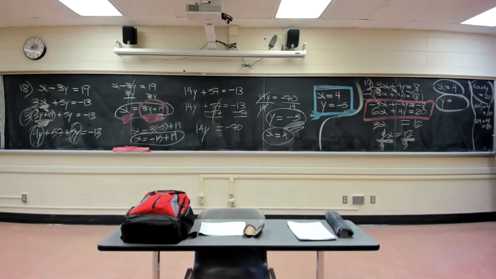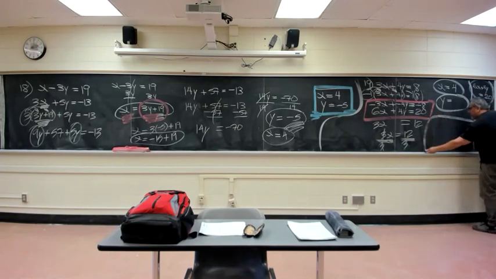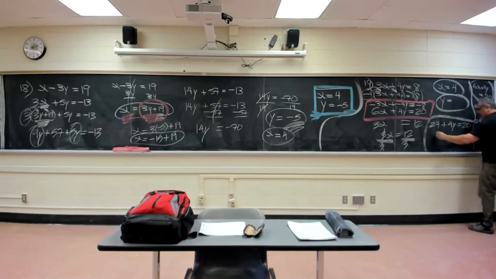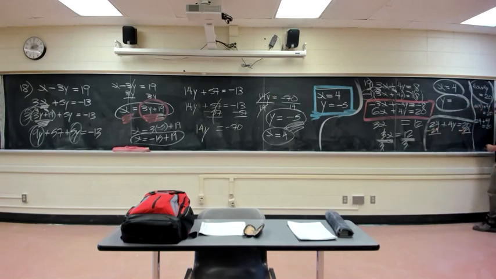Interesting. So we got, let's see here, guys. Kind of running out of room here, but not too bad. Let's write this with a little more room for ourselves. We got 24 plus 4y equals 20. Let me subtract 24 on each side. 4y equals, well, 20 minus 24 is negative 4.